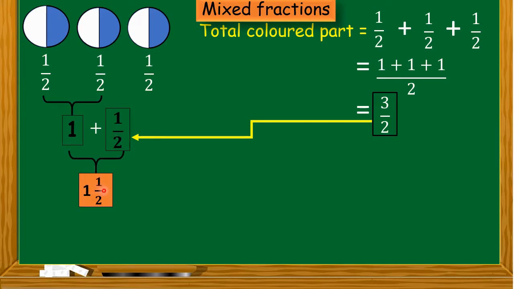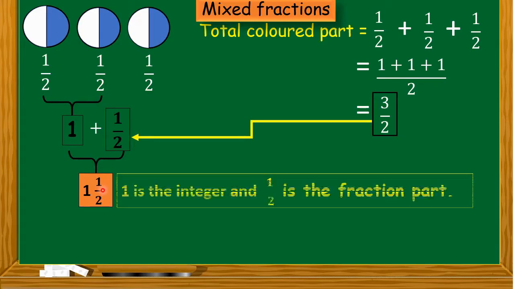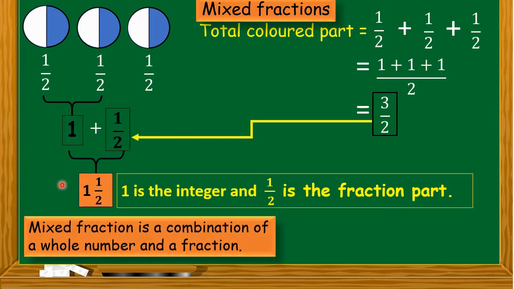And such fractions are called mixed fractions. Here 1 is the integer and 1 upon 2 is the fraction part. So let us define the mixed fractions. A mixed fraction is a combination of a whole number and a fraction. Here are some examples. 3 and 5 upon 7 and 8 and 3 upon 5 are mixed fractions.